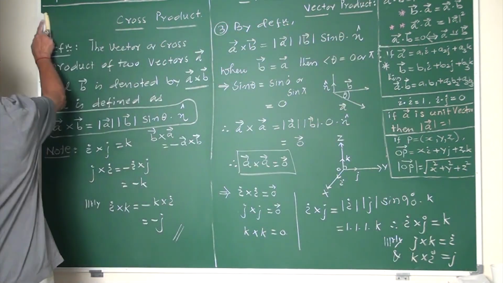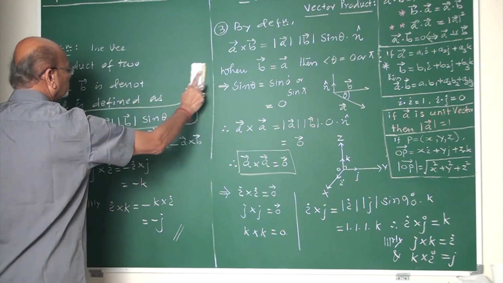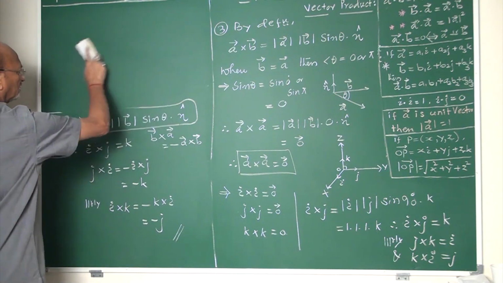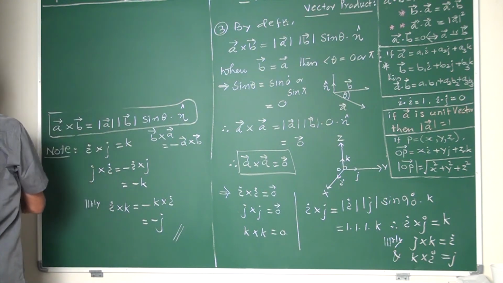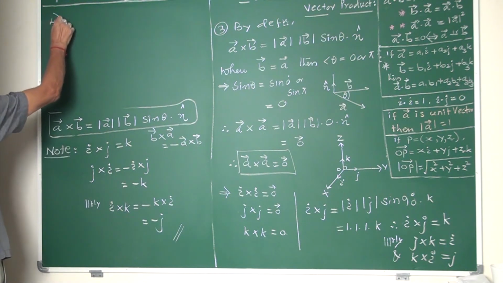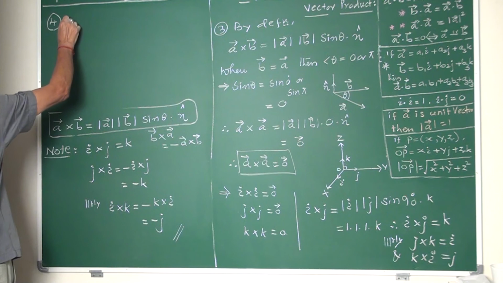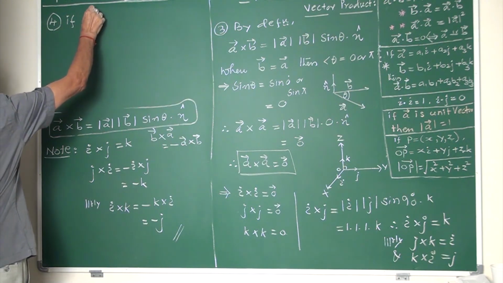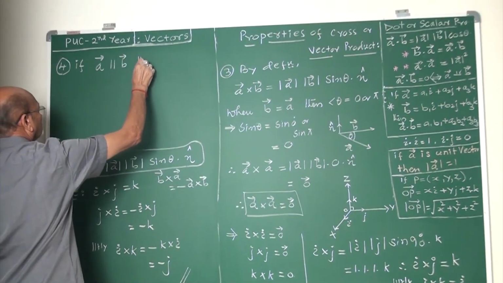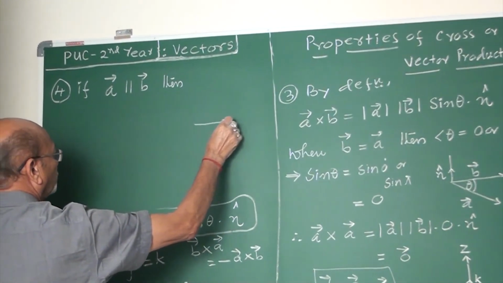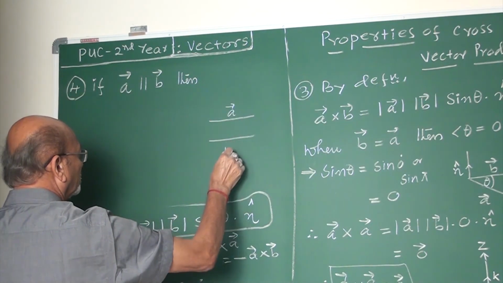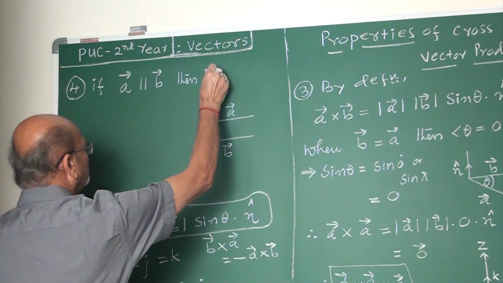Remember, my friends. So, the last property on this is, this is the fourth property. Yes, if vector A is parallel to vector B, and this is vector A and this is vector B, then what about your theta?